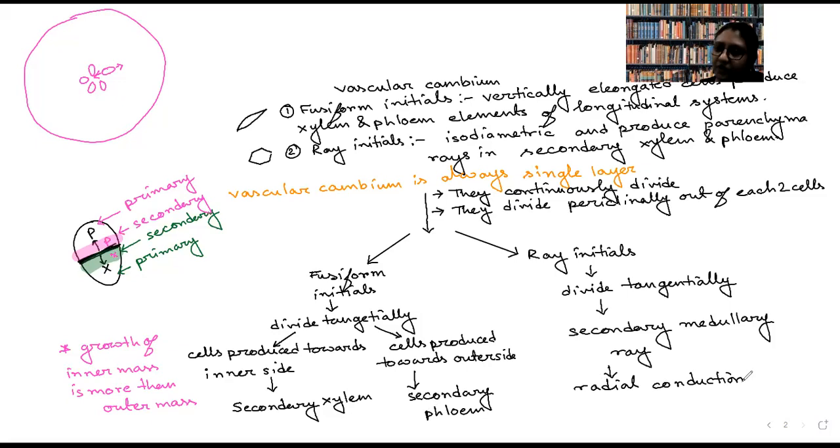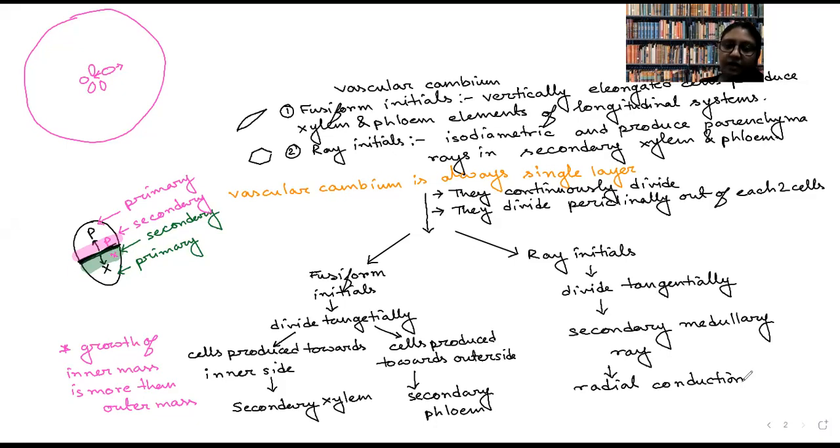Although remember one thing, by the increase in stem girth, most of the tissues formed later on will be dead only. In big trees, the living cells are present only at the core, at the center.